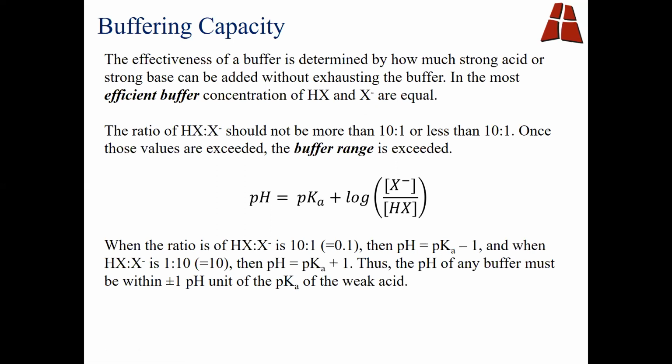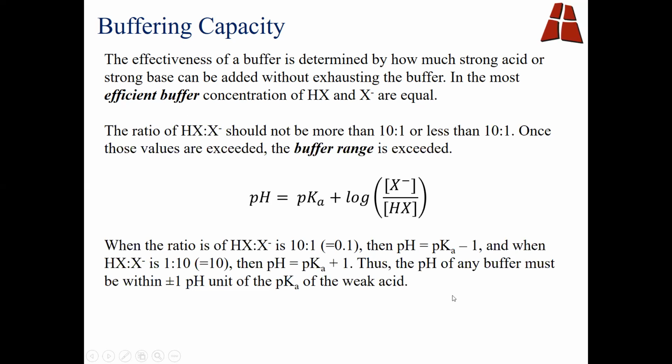If our ratio of weak acid to weak base is greater than 10 to 1 or 1 to 10, then we would say that our buffer range is exceeded. The reason for that is, if we take the log of 10 or the log of 1 over 10, that is equal to plus or minus 1 in our Henderson-Hasselbalch equation.